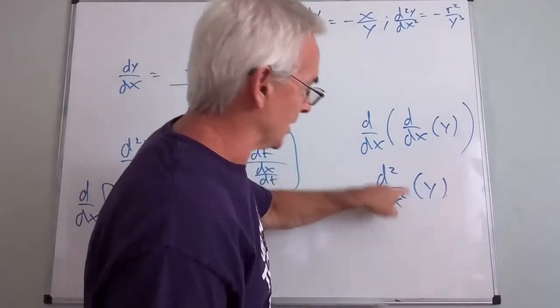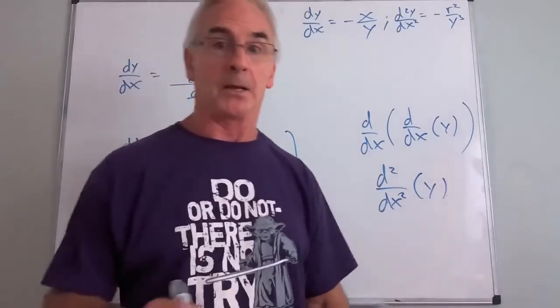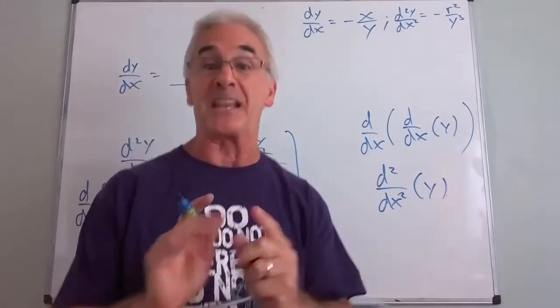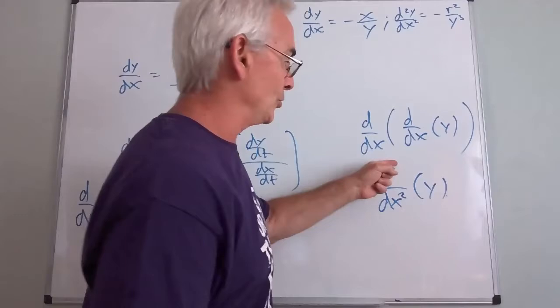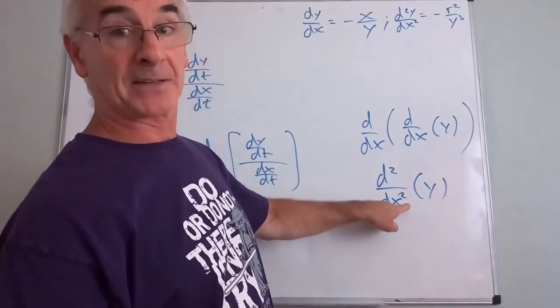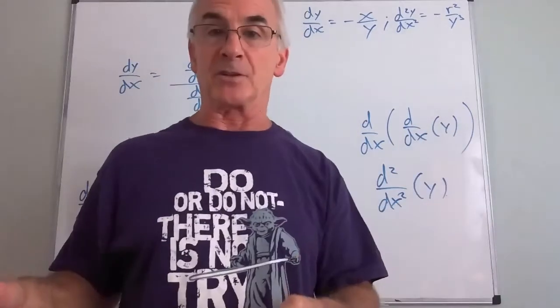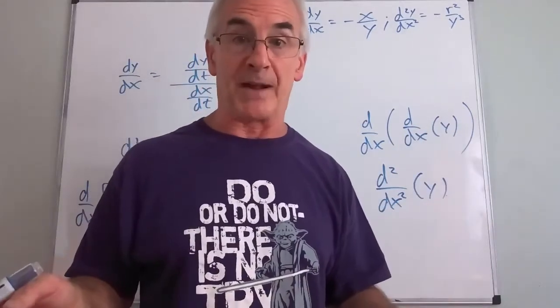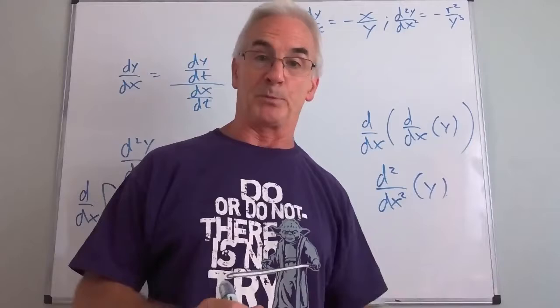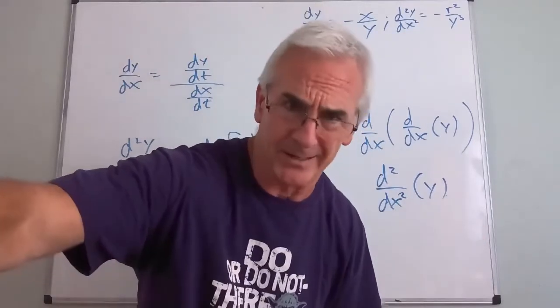So what feels redundant in Calc 1 and 2, and it does feel redundant. Do I really need to put it twice? Actually, yes, because they say something completely unrelated. Two derivatives with respect to x, because it doesn't have to be with respect to x for every derivative in the future. Every time you take a derivative after this class, it will always be with respect to multiple variables, and you have to indicate how many you're doing with each variable. Don't worry about it.